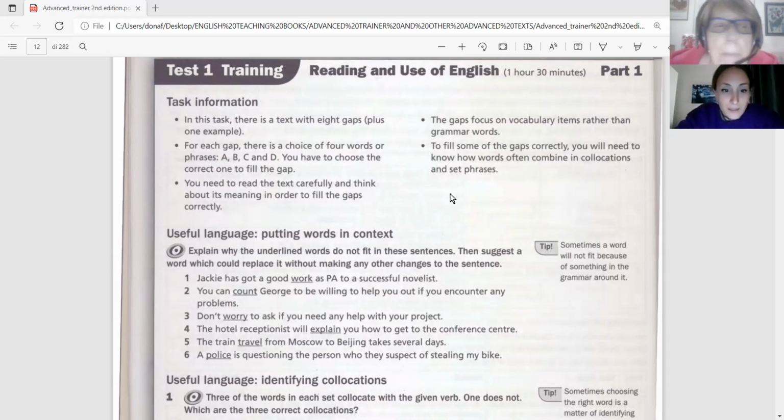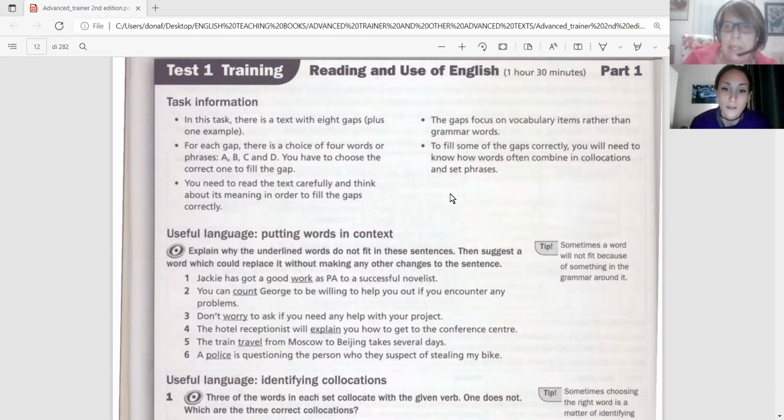It's written here. Let me reread it for a moment. Yes, speak in Italian, try to explain in Italian. Ok, in questa prova c'è un testo con 8 gaps. No, sono gli spazi vuoti da riempire, diciamo.